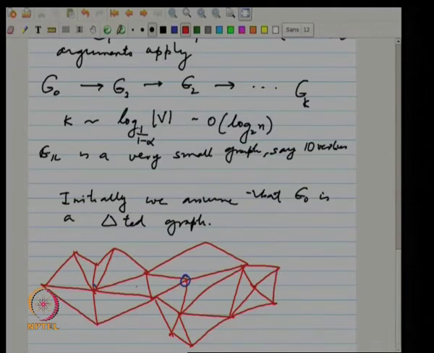Suppose we had eliminated this. Once we eliminate this, this vertex is gone.